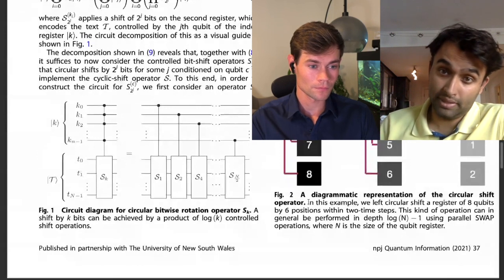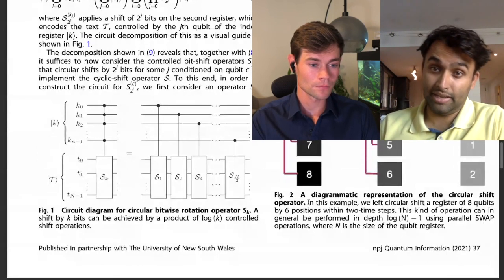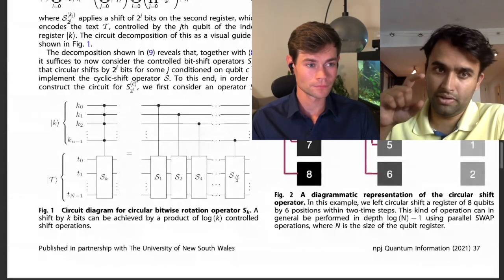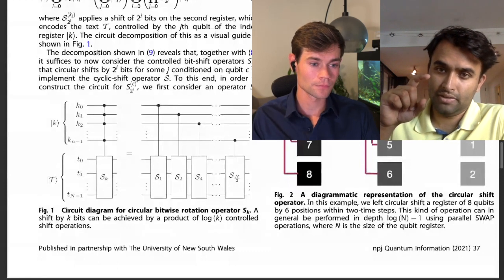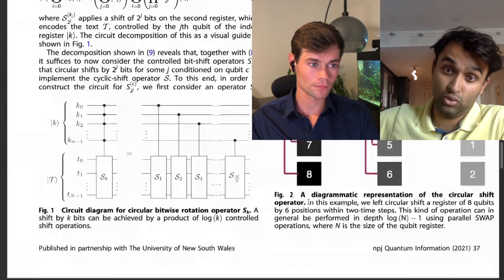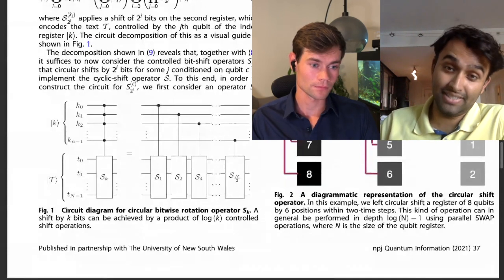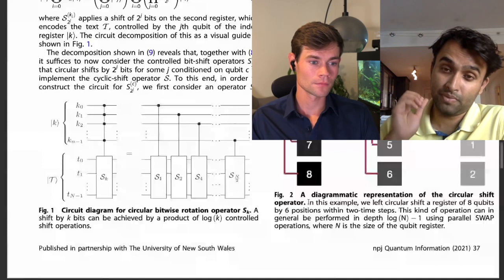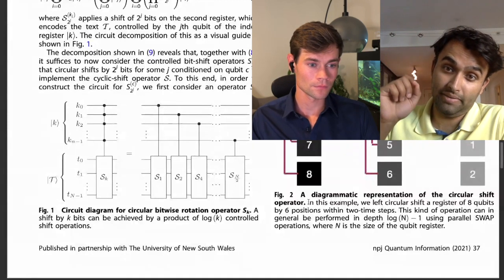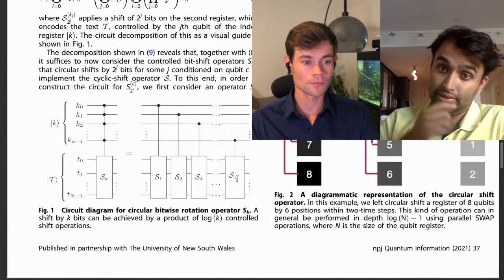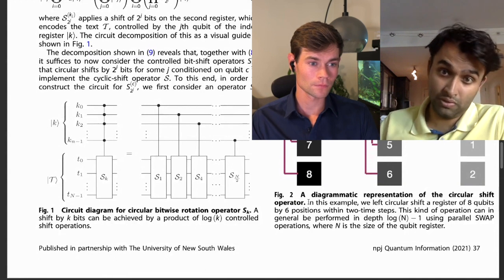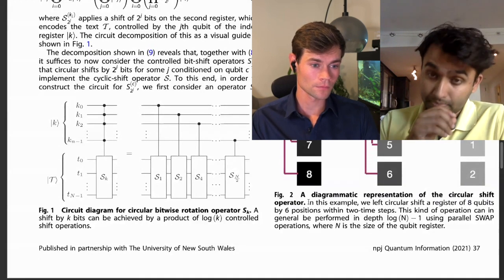One way of doing this, I'm sure there are many, is that I make another very small register that is a uniform superposition of 0, 1, 2, 3, 4, 5, 6, 7, 8 up to n. And that's easy, because we can start with a quantum computer in all 0, and you apply a Hadamard gate on all qubits, and that turns it into a uniform superposition of all numbers.